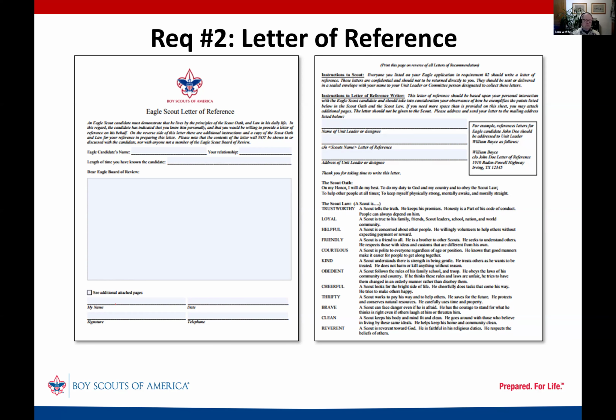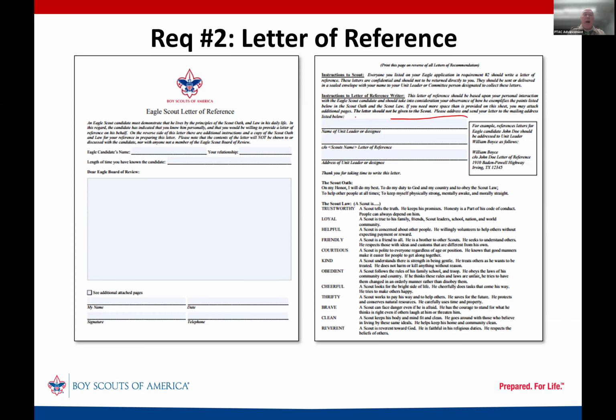The other thing mentioned in here is that these letters are not to go back to the scout. They're supposed to go back to another person, often someone in the troop who has been identified with the scout, who's going to collect these and make sure the letters get to the Eagle Board of Review.